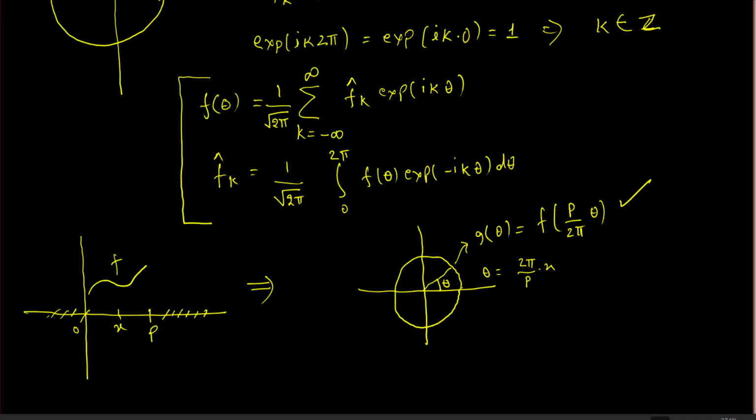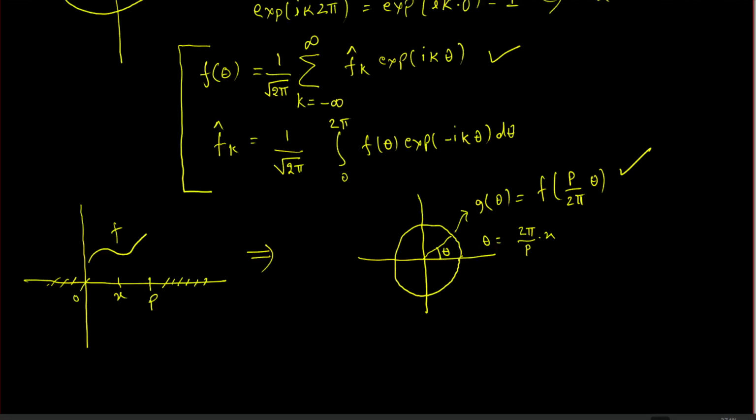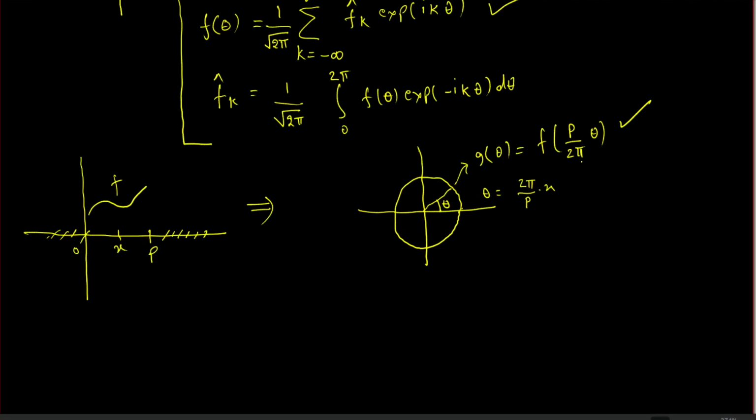Since g is now a function defined on the circle, it can be expanded in this series, and since g is related to f by this definition, if we do this calculation, we will be able to write f as a series in terms of exponential functions.